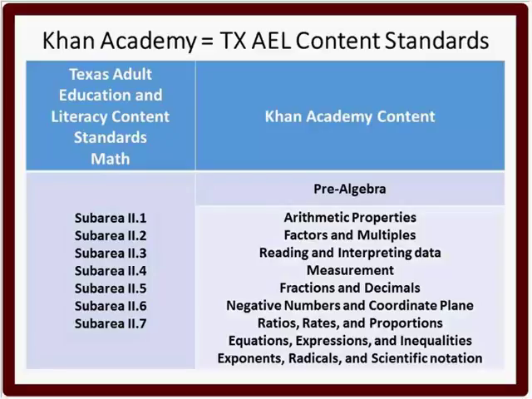And in the Khan Academy pre-algebra, you have arithmetic properties, factors and multiples, measurement, fractions and decimals, ratios, rates and proportions. It gets up to exponents, radicals, and scientific notation. Students have to learn this in order to pass the GED. It gives so much practice and instructional video.